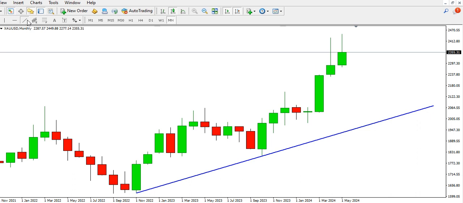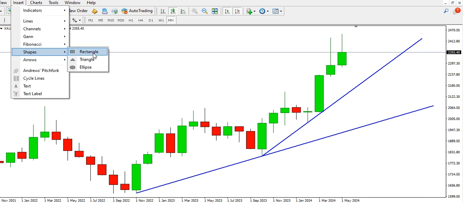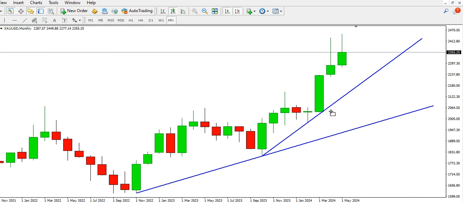Trend line still respected. Another trend line still respected and still bullish. Okay, we have this particular order block on the monthly time frame. All right, if price will drop, we might likely see price drop into this level.